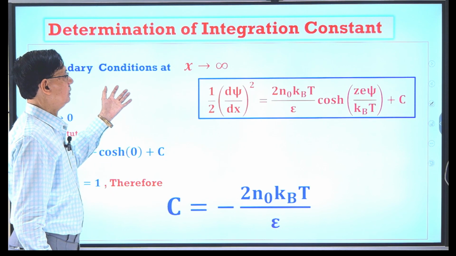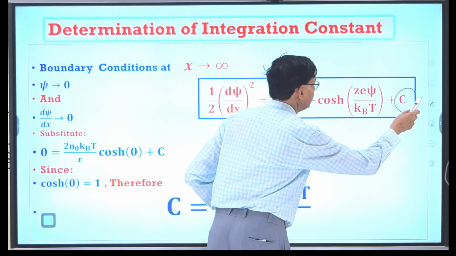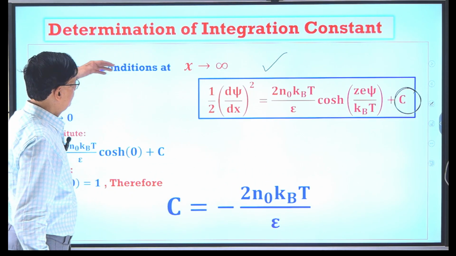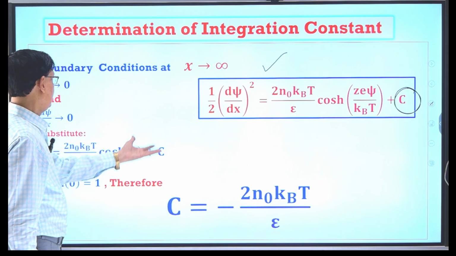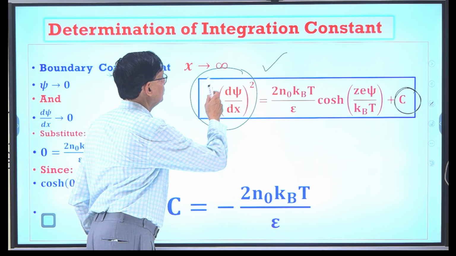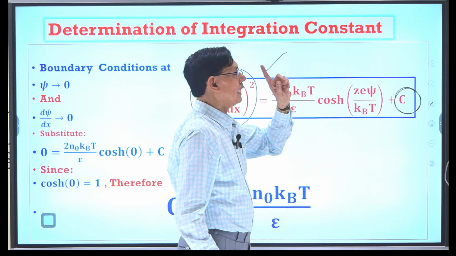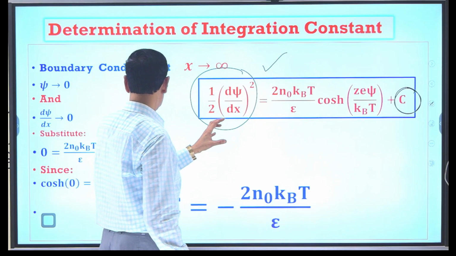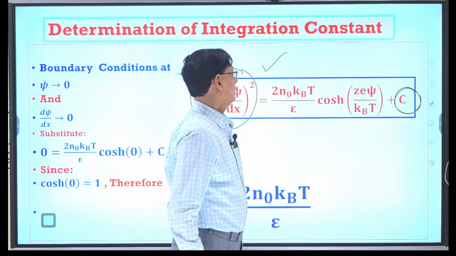I have to determine the c. If x tends to infinite, ψ is equal to 0, so naturally dψ dx, this whole part will be 0. Here is also 0, cos h 0 is equal to 1.